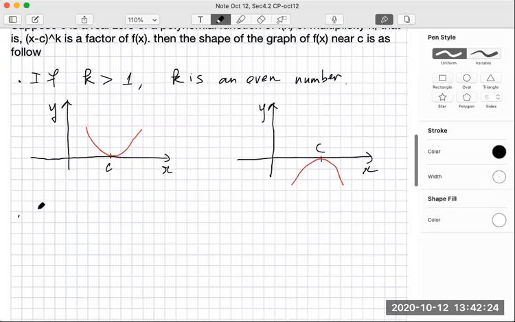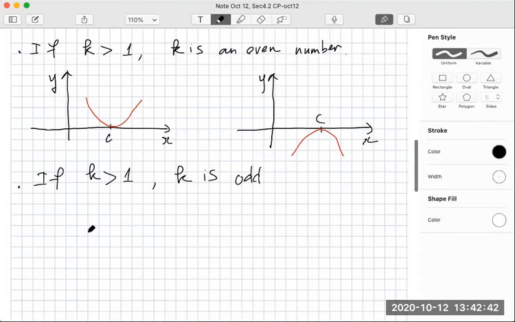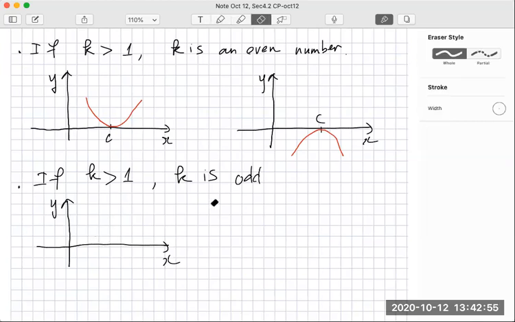And another case, if k is larger than 1 and k is an odd number, or k is odd, then the graph will cross the x-axis at the point c. It will be somehow like this.